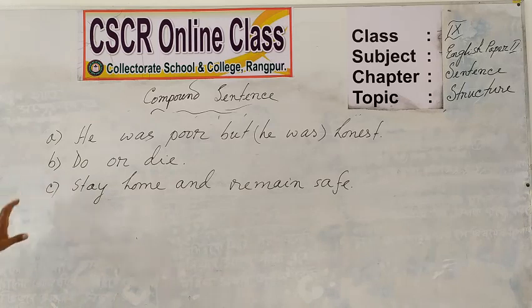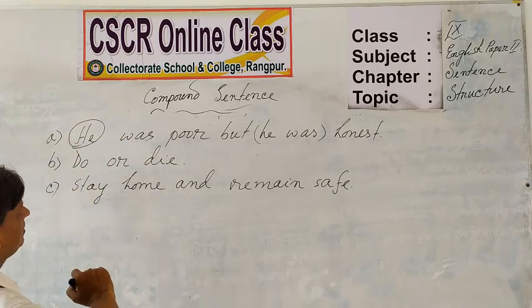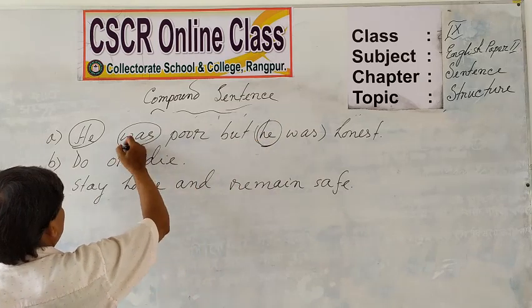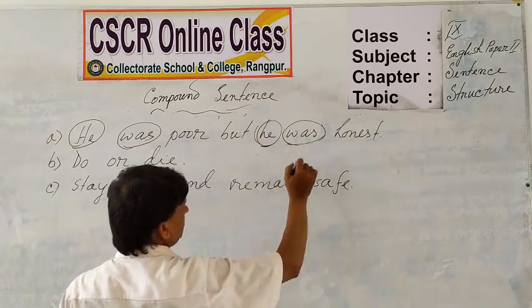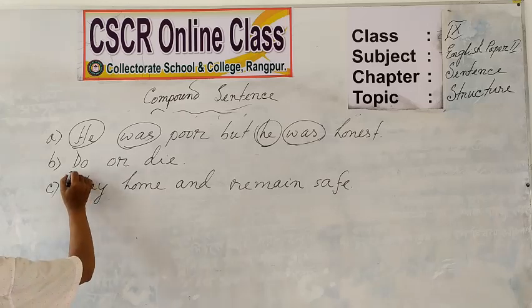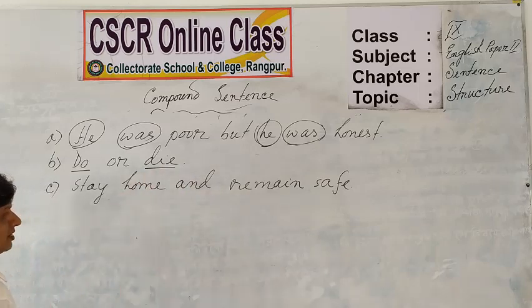Dear students, the first subject here is he, the second subject also he, first finite verb was, second finite verb was. In sentence B, first verb do, second verb die.